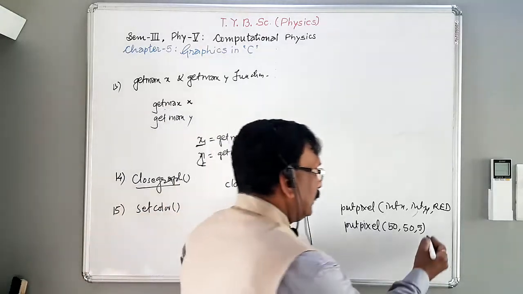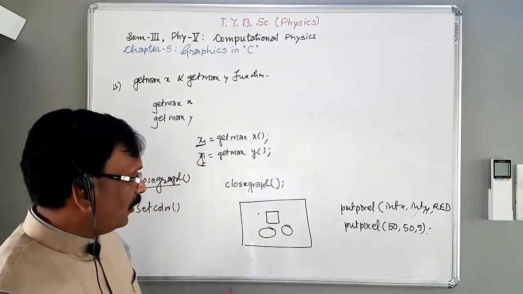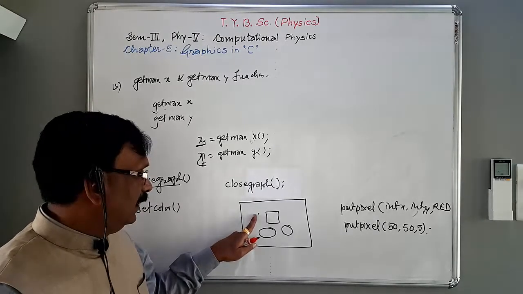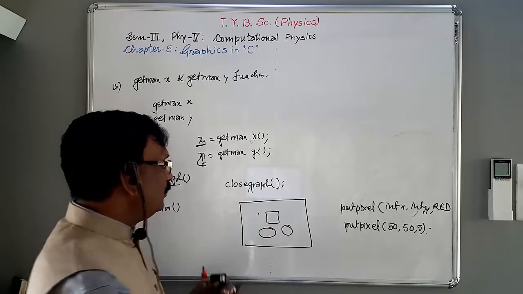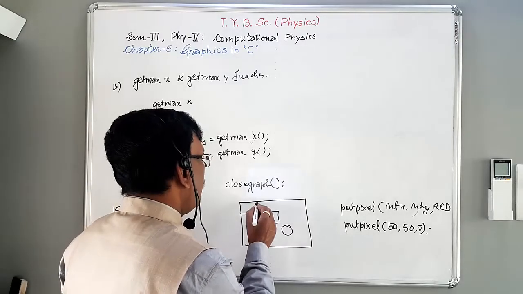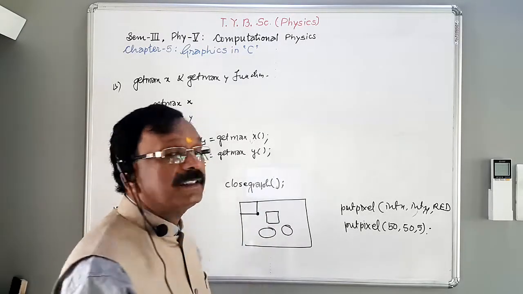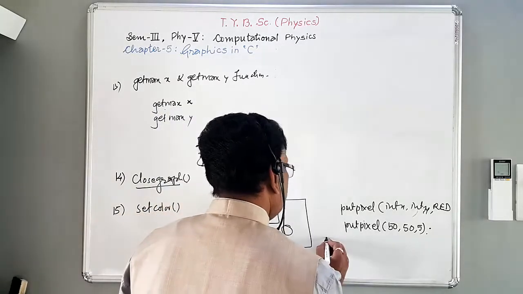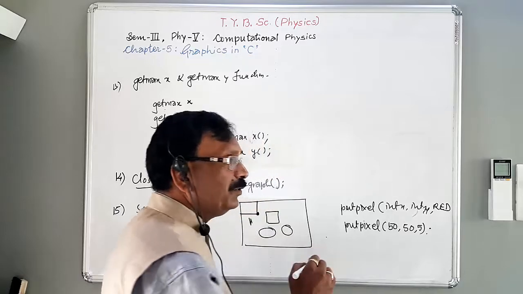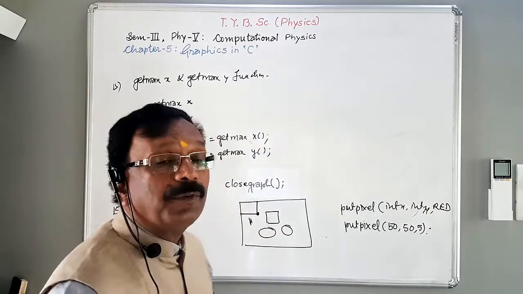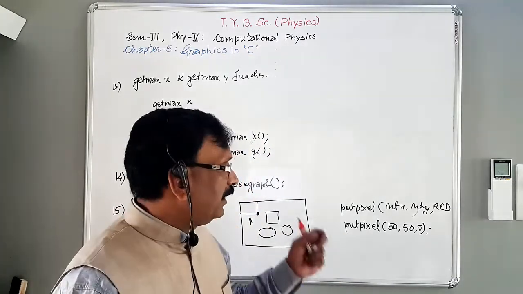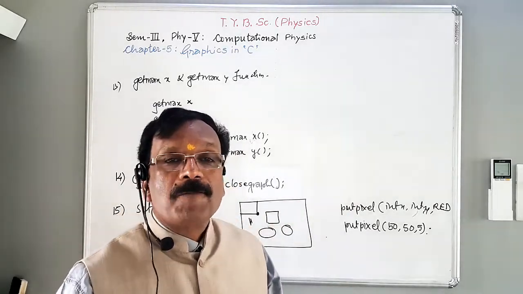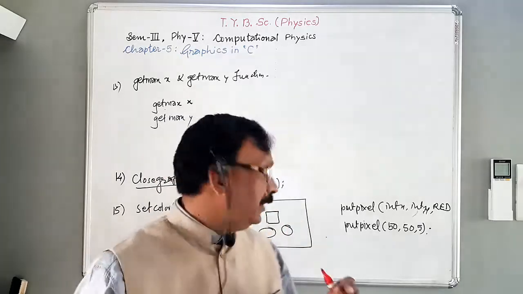When we use this command, then on the computer screen we will see a pixel whose x coordinate is 50, y coordinate is 50, and color of the pixel is magenta. Color of the pixel is magenta, not red. Integer 4 is specified for red color, integer 5 is for magenta color.